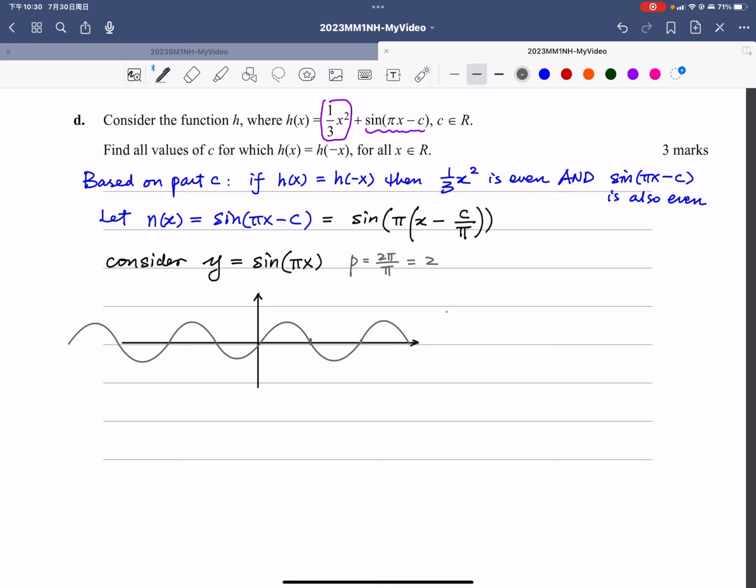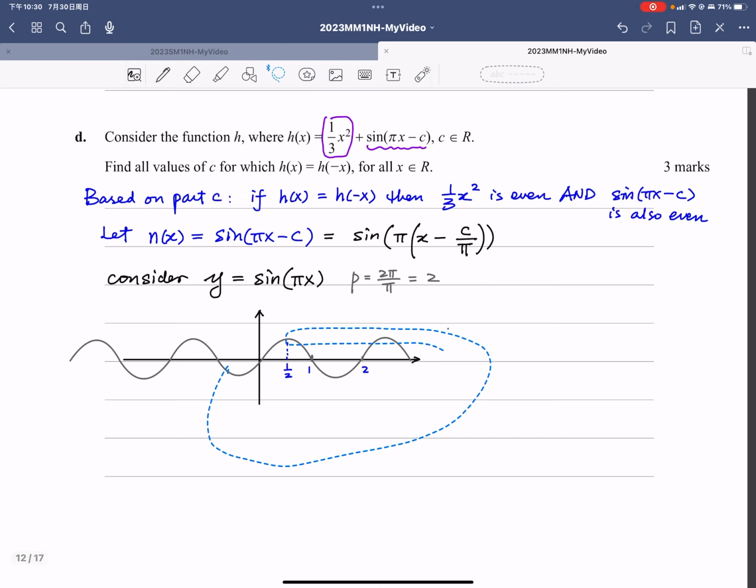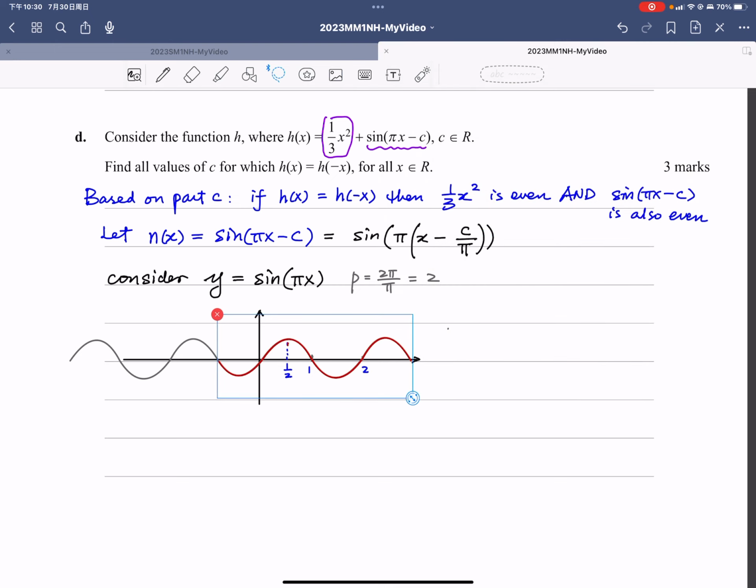All right, if I want this function to be an even function, let me label these points 1, 2. Basically, the half is the maximum turning point. So I can translate this function by half unit to the left, or half unit to the right. If I translate by half unit to the right, that will be an even function, or half unit to the left.